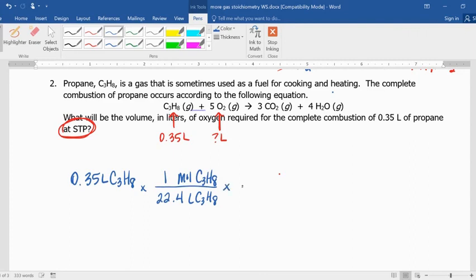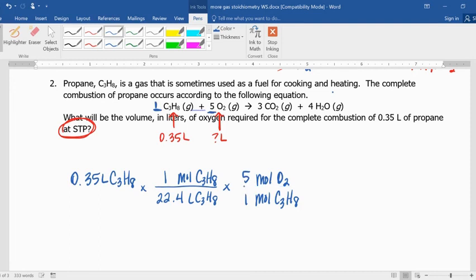And now that we are in moles, we can use our mole ratio to go from moles of C3H8. And it looks like I'm looking for information about oxygen. And my mole ratio is 5 moles of oxygen to 1 mole of propane.